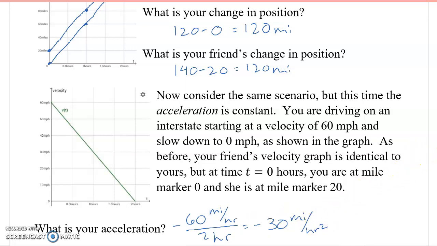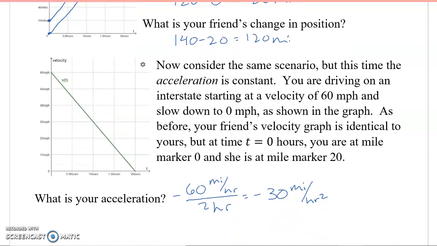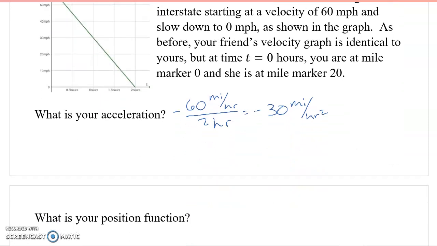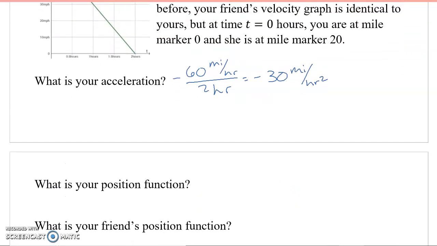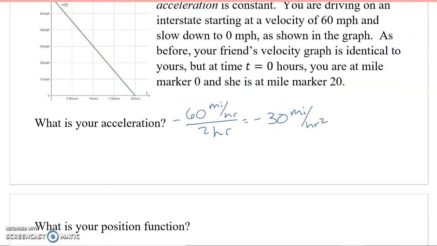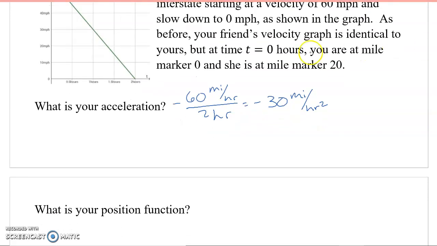Okay, and just as before, we're going to assume that you start at mile marker 0 and your friend has that 20-mile lead. And same as before, you're going to see that your friend is going to maintain that 20-mile lead on you. Your position function is going to be, well, let's see, what is the acceleration?